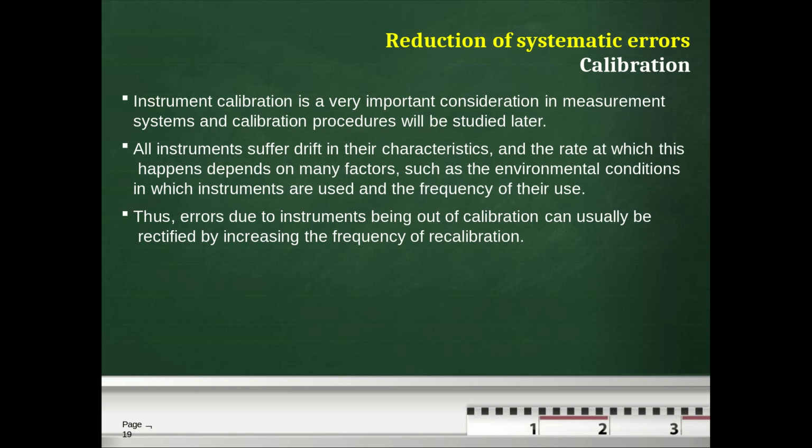The instrument usually comes with a paper giving us instructions guiding how to calibrate the device. So we normally get rid of the errors due to the instruments by calibrating regularly.